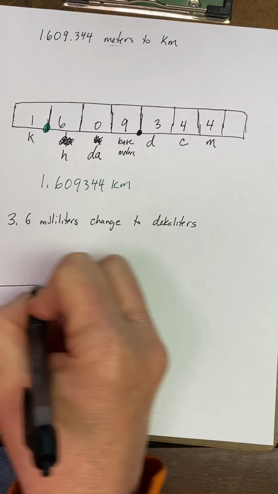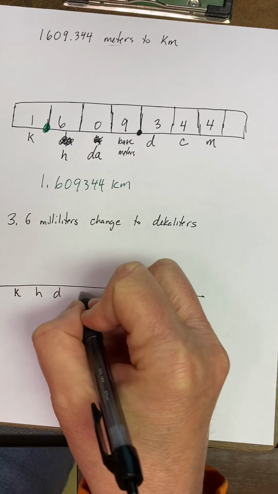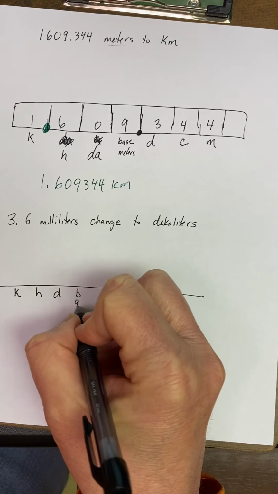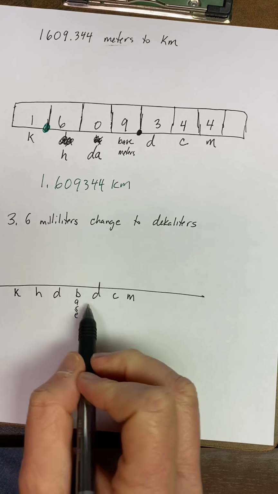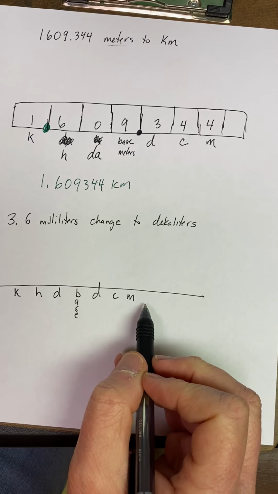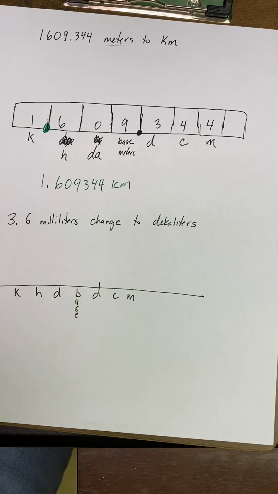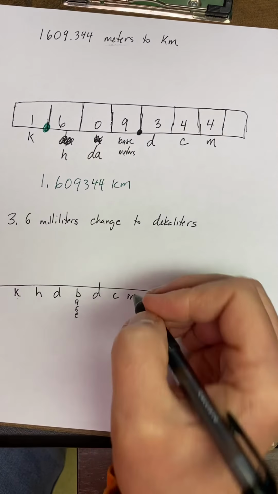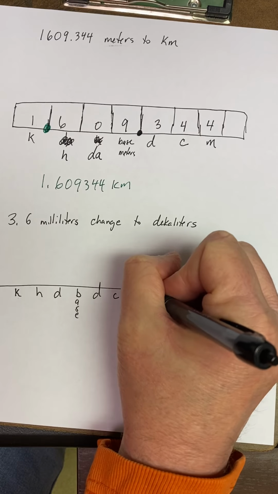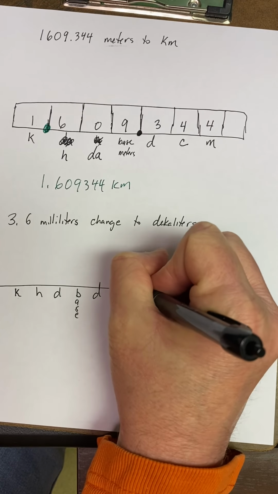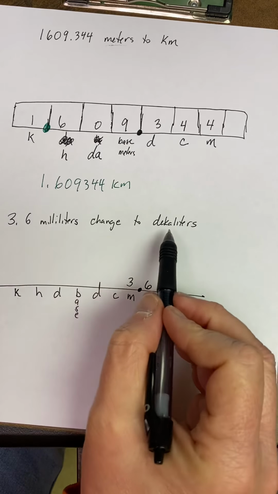So if I make my little grid here, remember the mnemonic, King Henry died by, which is the base unit, drinking chocolate milk. And there's something about kangaroos hopping down mountains. Some of you may know that. Kangaroos hop down mountains drinking chocolate milk or something like that. And 3.6 milliliters. I want the decimal place to be at milliliters, way down here. I want to change to deciliters.